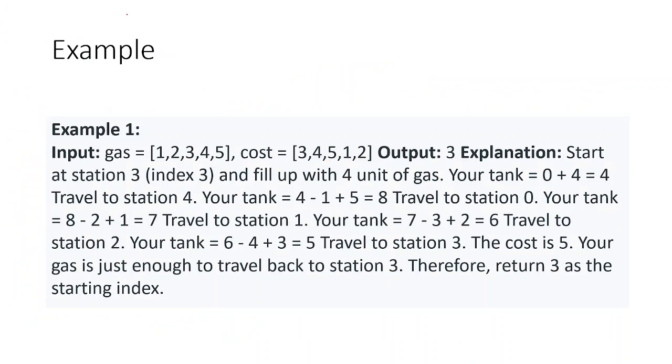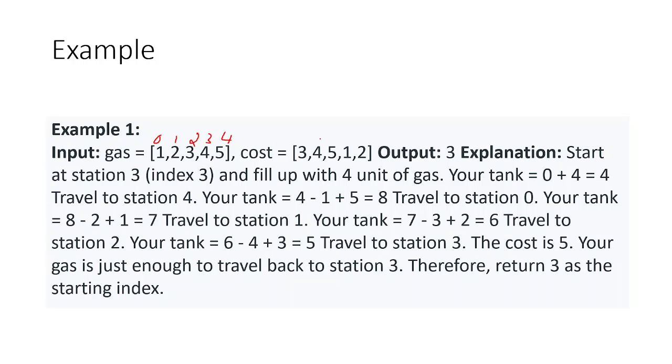Let's take an example. That is gas, for station zero the gas is 1, for the first station the gas is 2, and so on: stations 0, 1, 2, 3 and 4.